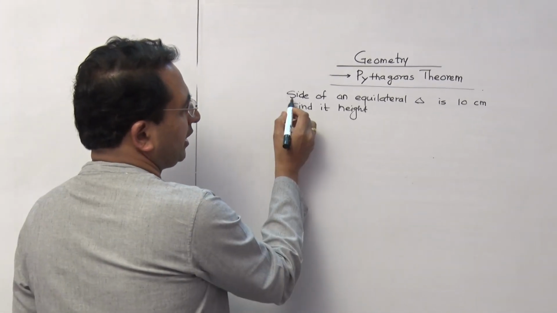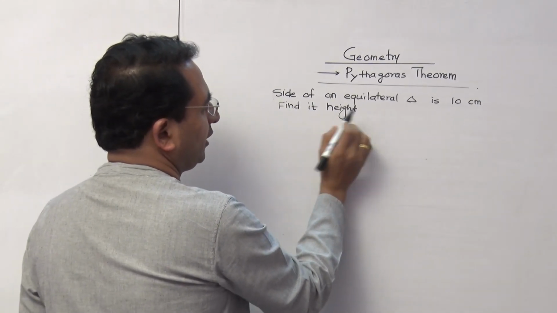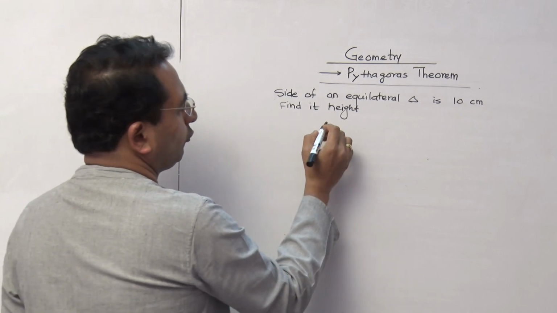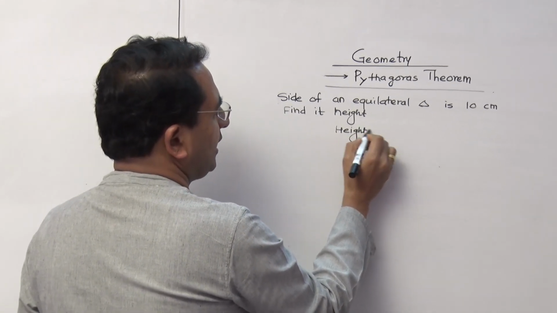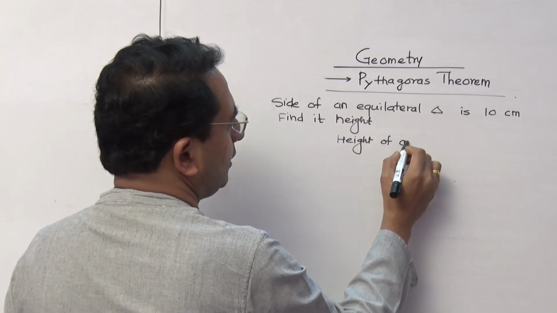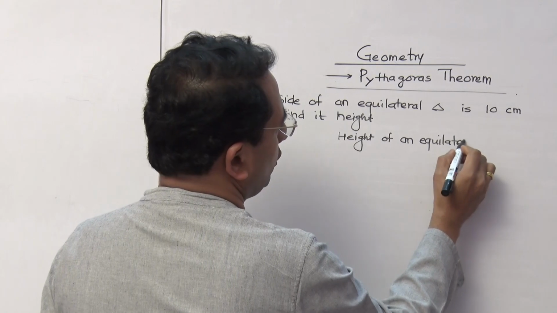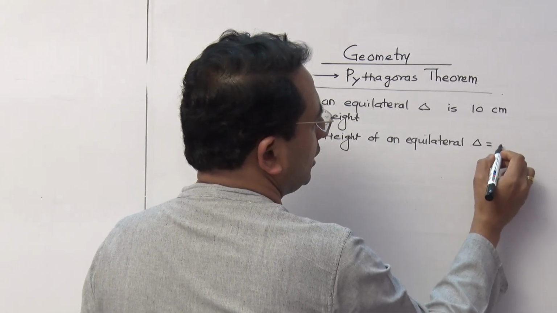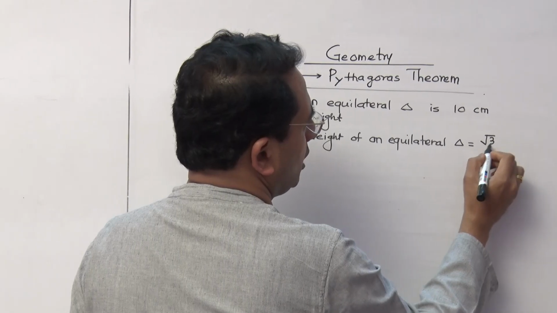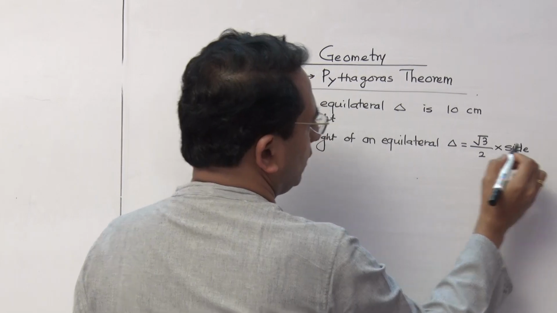But I am saying this confidently that there is no need of drawing a diagram. What you have to write? There is a formula directly for that. Height of an equilateral triangle is √3 upon 2 times the side of the equilateral triangle.